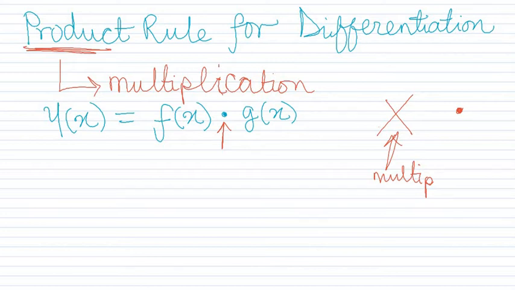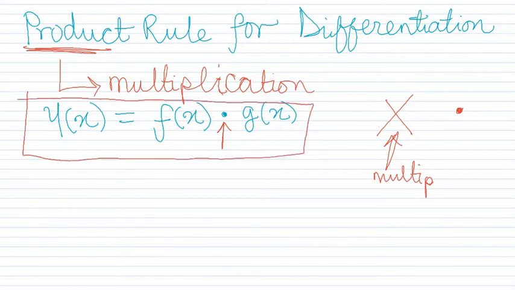So in product rule for differentiation, this is when a function has two subfunctions that are multiplied by each other. So how do we differentiate two functions that are multiplied by each other? That is when we know that we're going to have to use the product rule.